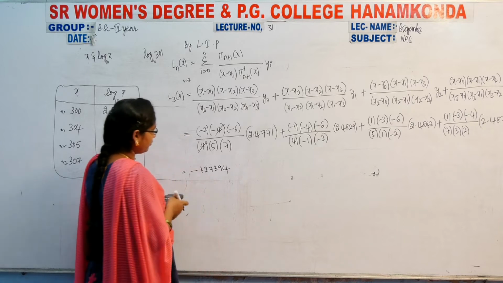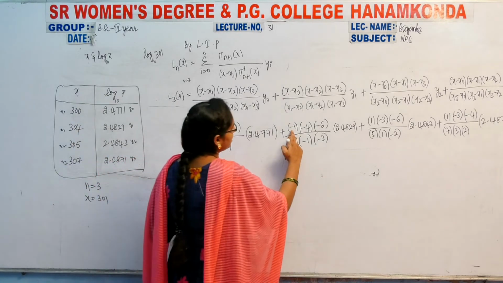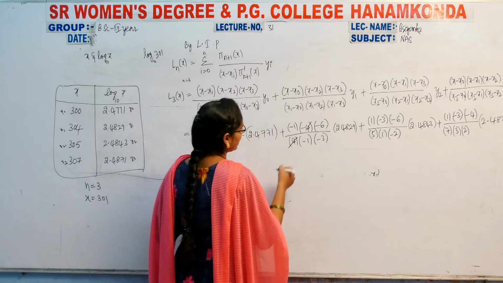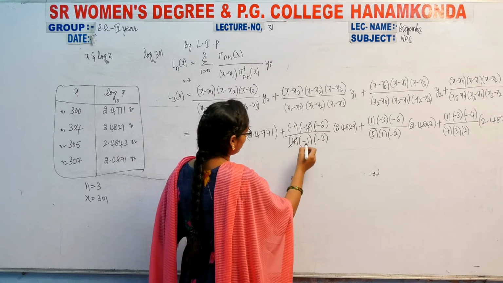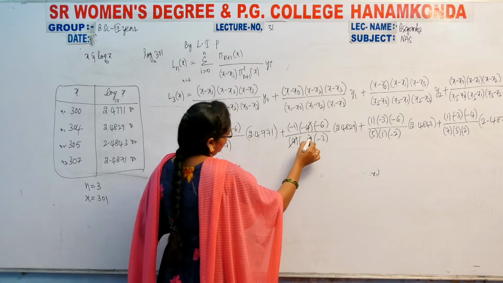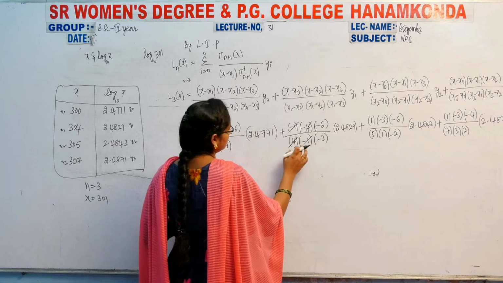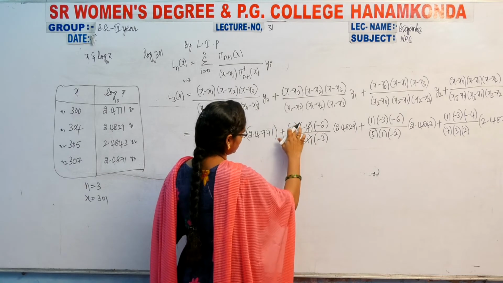I am taking 4, after the point I am taking 5 digits. Next, here minus, we will get again minus, and 4 get cancelled. Of course minus 1, and here, of course, no need to cancel it because it is 1 only.